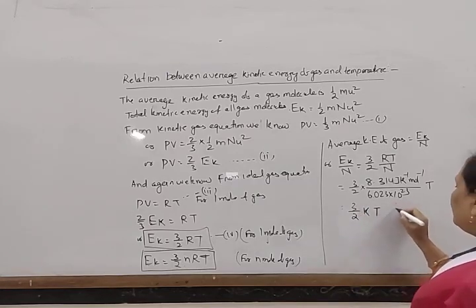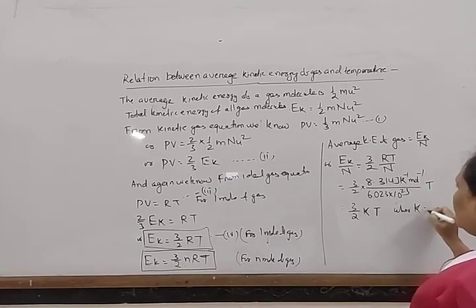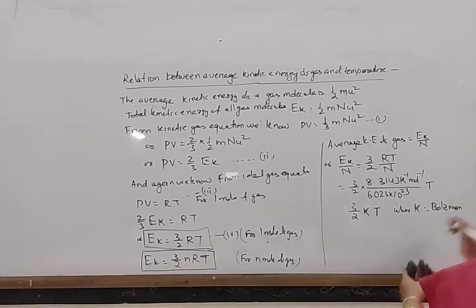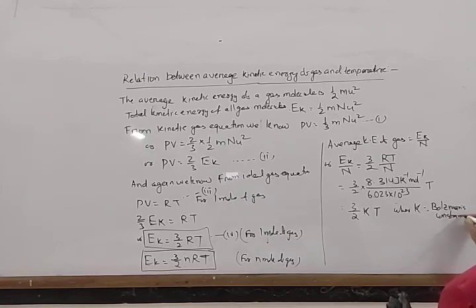So 3 by 2 kT, where k equals 8.314 by 6.023 times 10 to the power 23. k is another constant called Boltzmann's constant, and its value is 1.38 into 10 to the power minus 23.